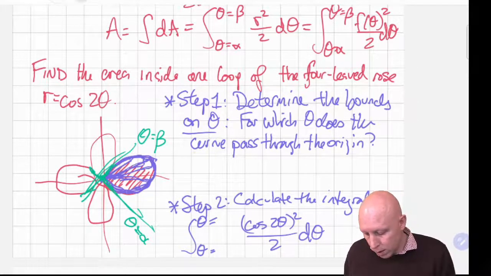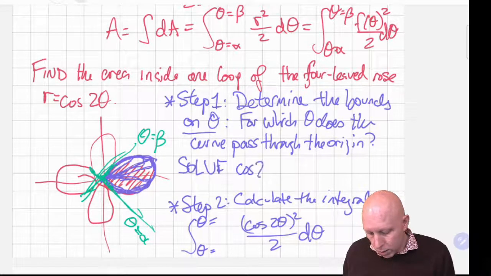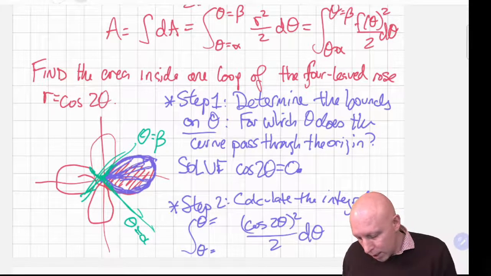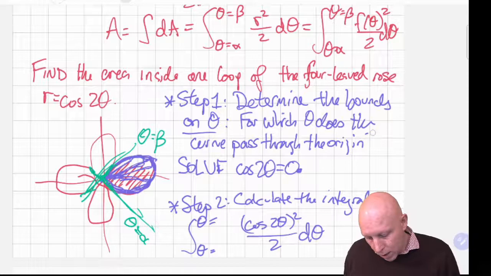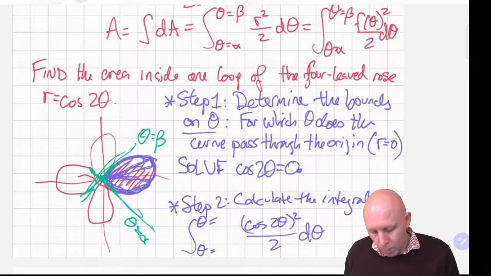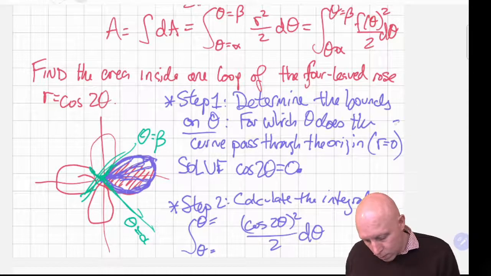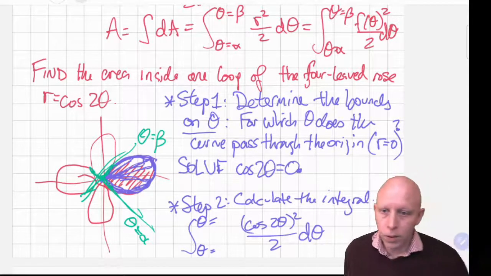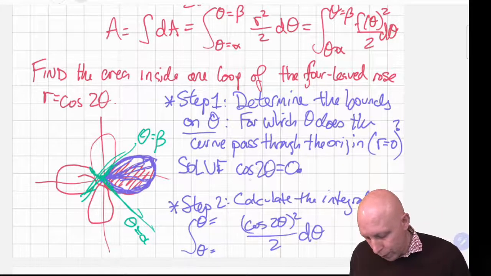Which corresponds to solving cosine of 2 theta is equal to 0, because passing through the origin is the same as r equal to 0. All right, so we're going to solve cosine of 2 theta equals 0.